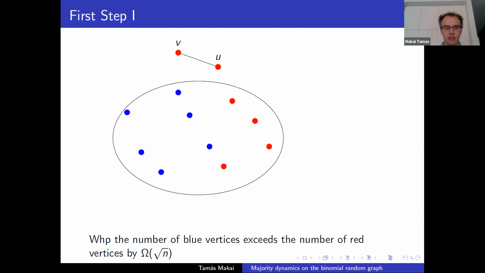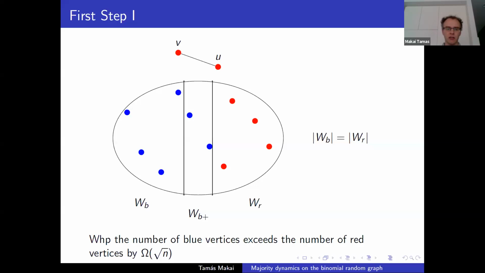And we have this set of leftover vertices, so everything which isn't U or V. Now we partition this set of vertices into 3 parts. We will have the set of red vertices, the set of blue vertices, and the blue vertices we also split into 2 parts.